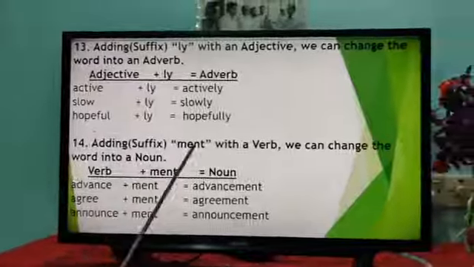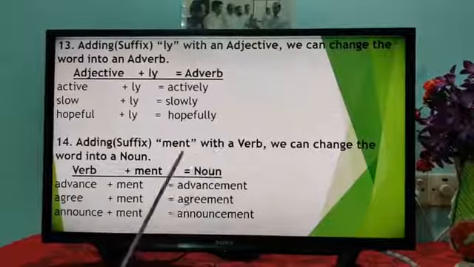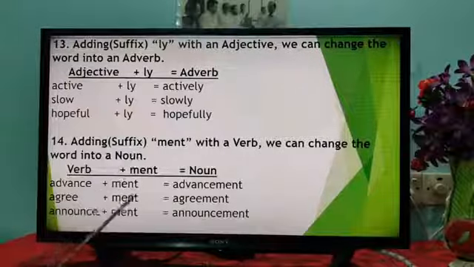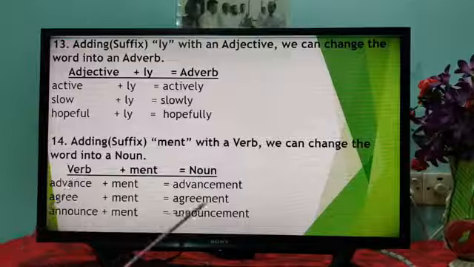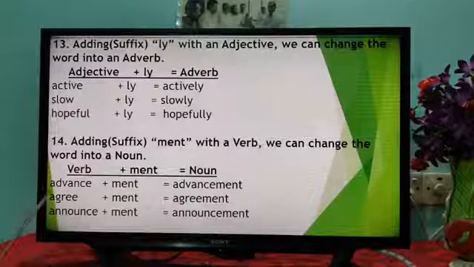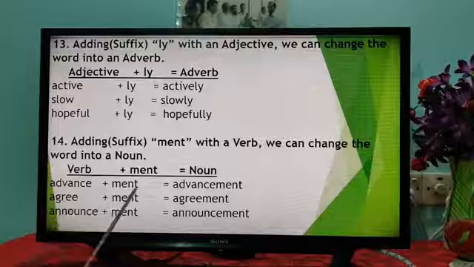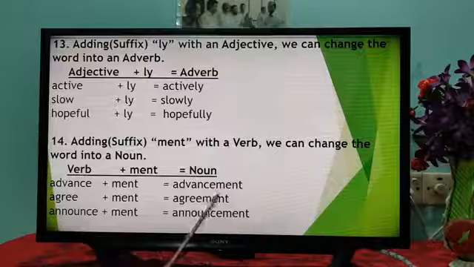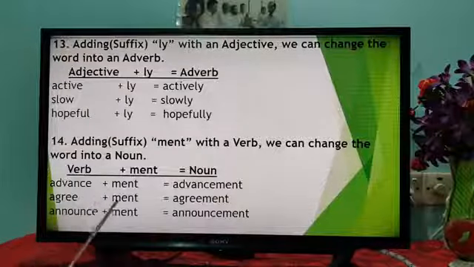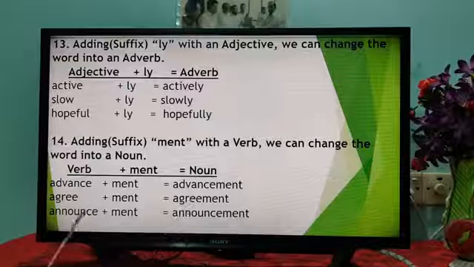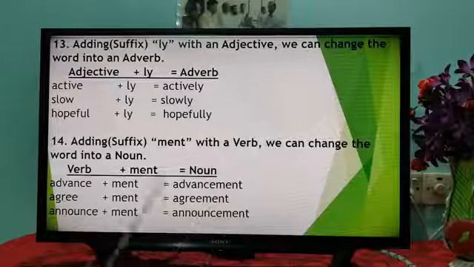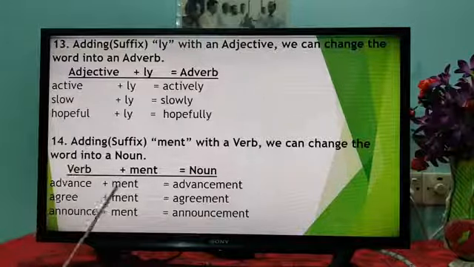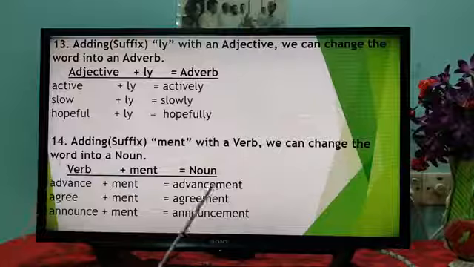Adding suffix ment with a verb, we can change the word into a noun. By adding ment with a verb, we can make it a noun. Advance is a verb and ment is a word part, that means suffix, and the new word is advancement, a noun. Agree, agreement. Announce, announcement.